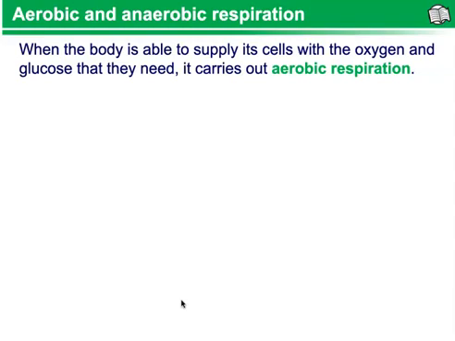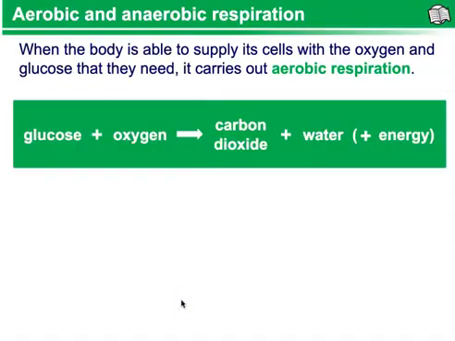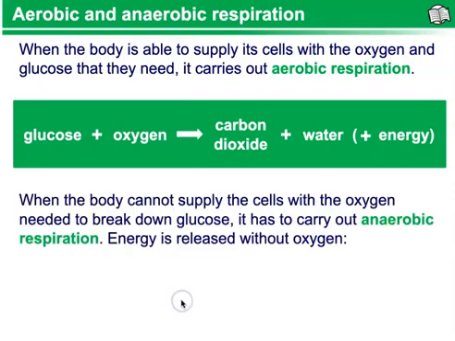Aerobic and anaerobic respiration. When the body is able to supply its cells with the oxygen and glucose that they need, it carries out aerobic respiration. Recall that aerobic respiration is when we use glucose and oxygen, we break those down, and we release carbon dioxide, water, and energy.